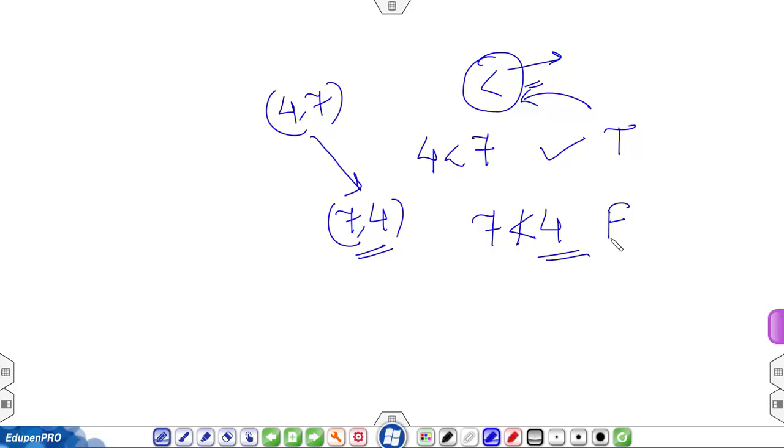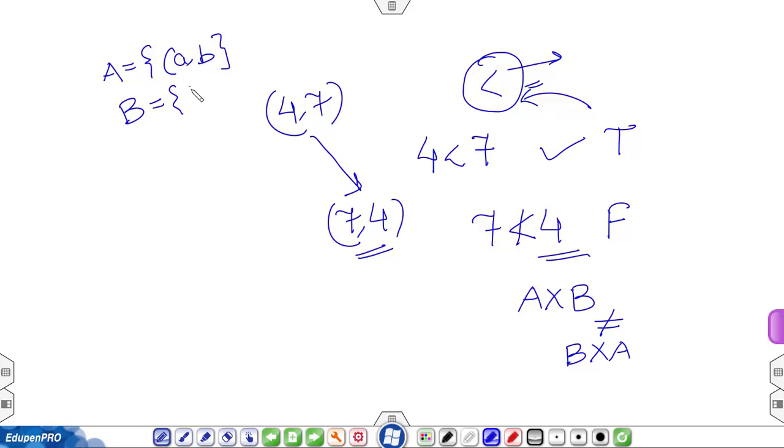One more thing that you have to keep in mind for the Cartesian product is that if we have the Cartesian product of two sets A and B defined as A cross B, and the Cartesian product B cross A, then these two are not equal. Why am I saying this? Let us see one more example. Let us say that we have set A with elements a, b and a second set B with elements 1, 2.